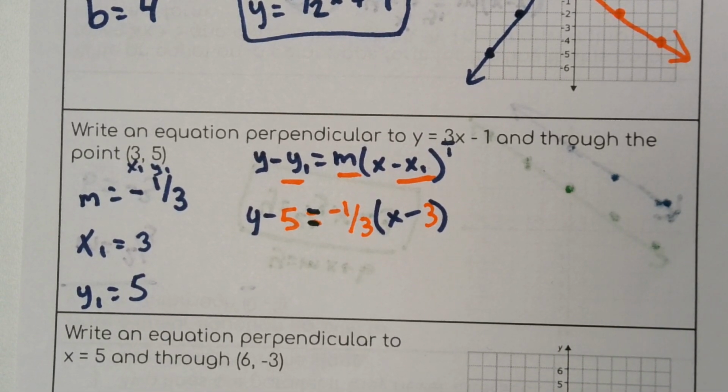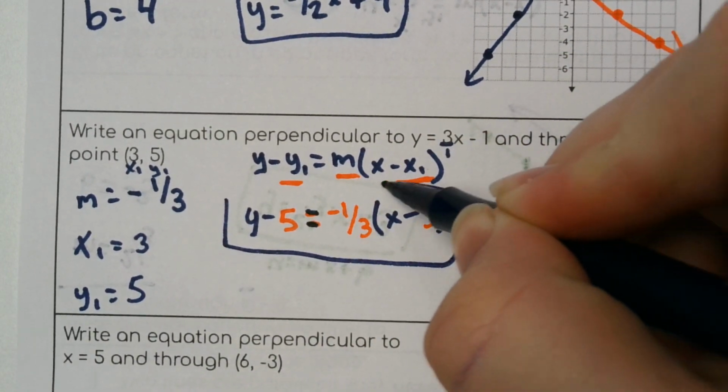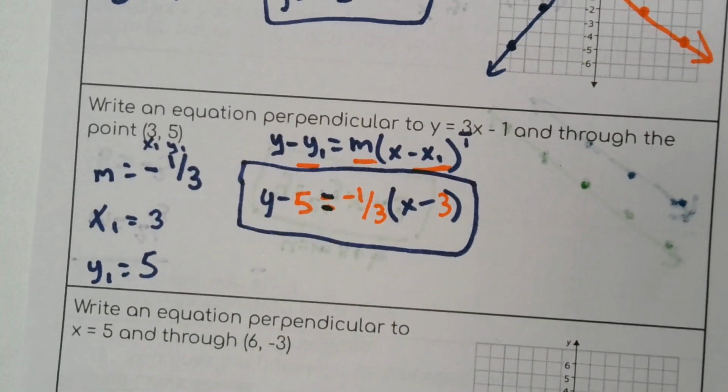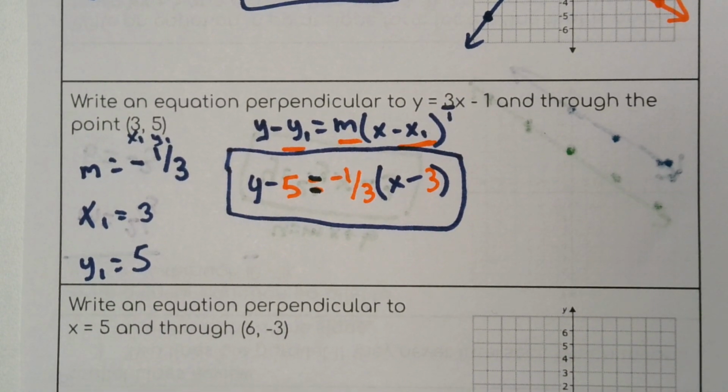And this is all we have to do, because it doesn't tell us to switch it into any other form. This is our equation. Can you go farther and distribute it out? Yeah, sure. However, if it doesn't ask you to, don't do more work than is needed.